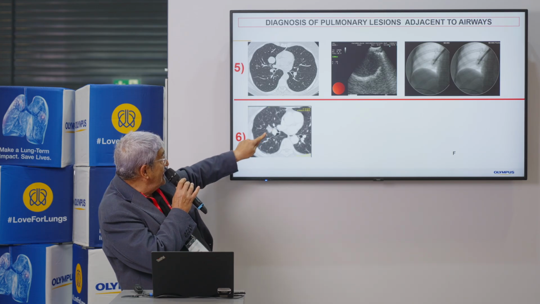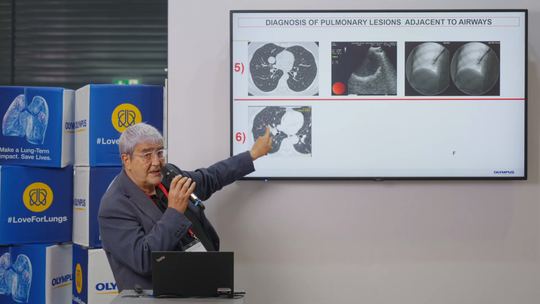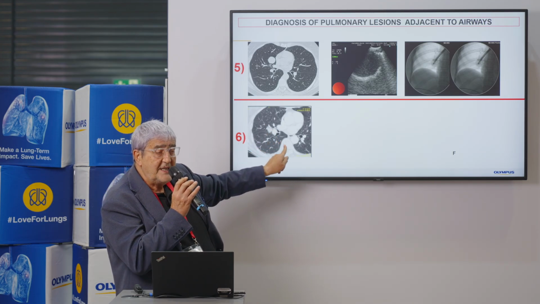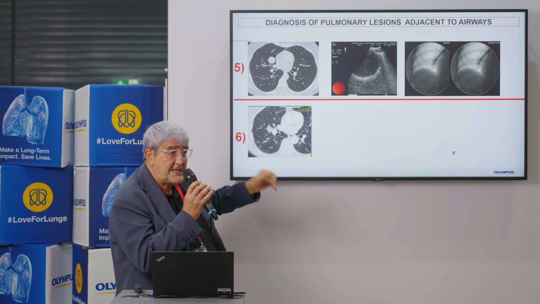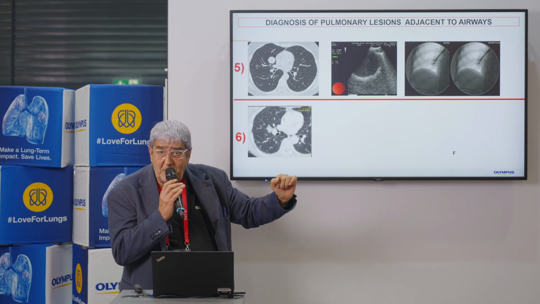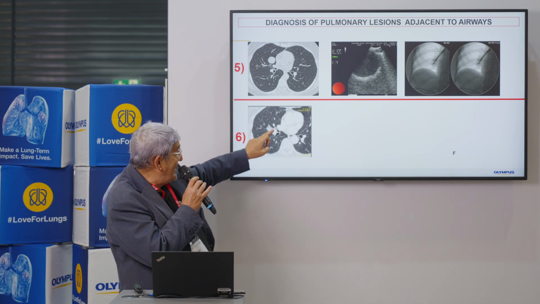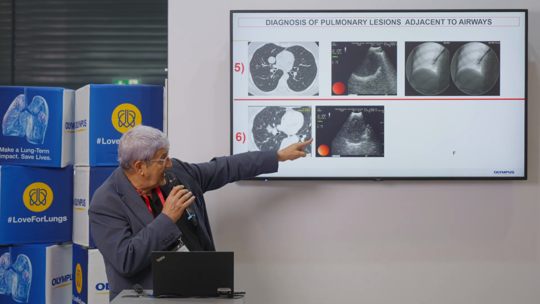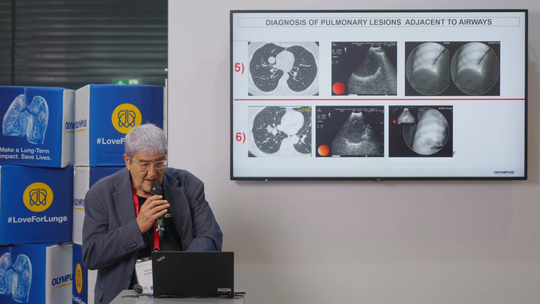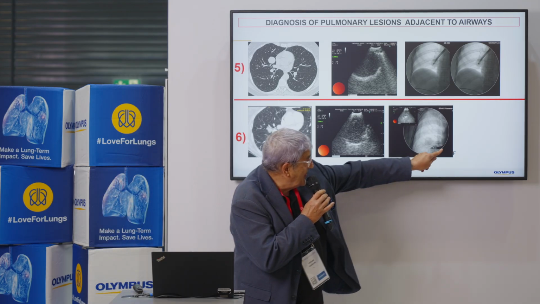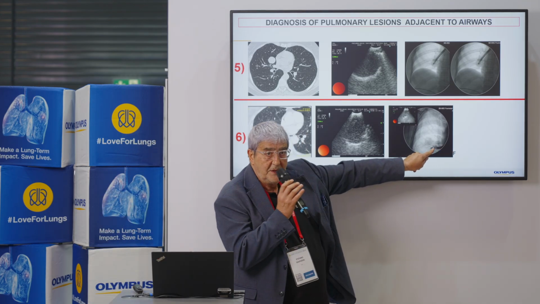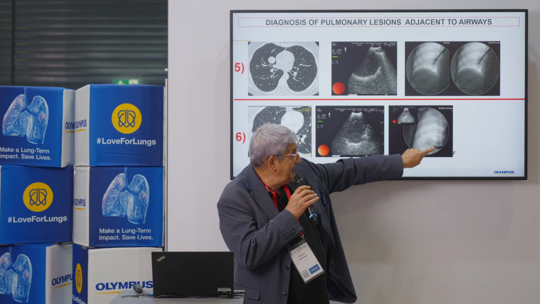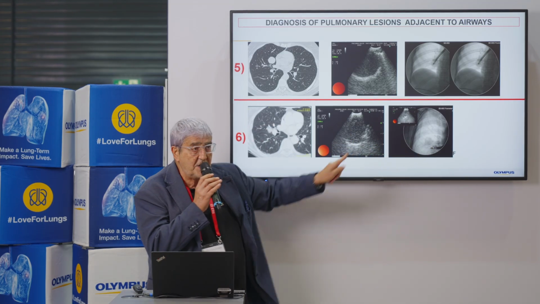And this is another lesion of the lateral segment of the middle lobe. It's possible, even in this case, to push, to wedge your echo-bronchoscope and to visualize this lesion. Look, and here is your echo-bronchoscope in the middle lobe and the needle just in the lesion.